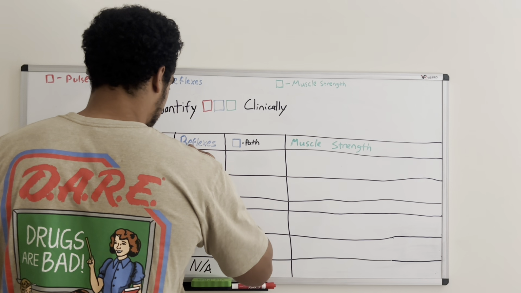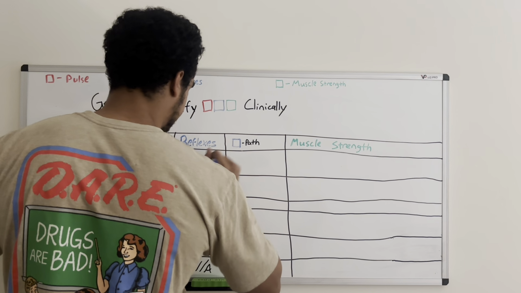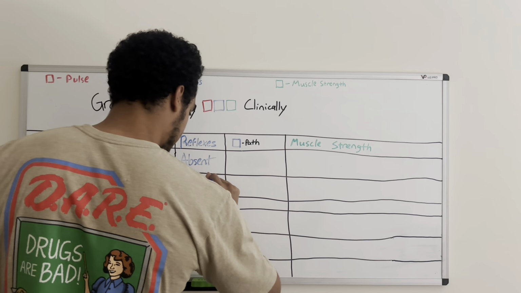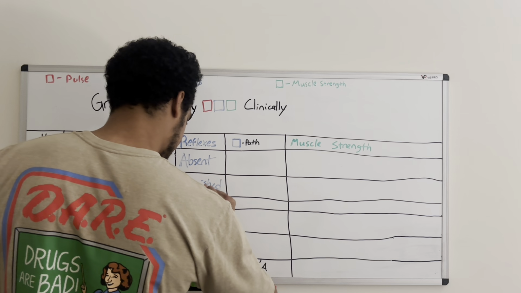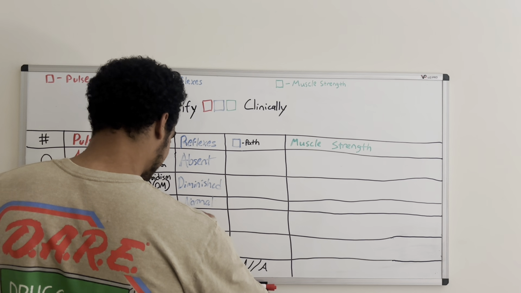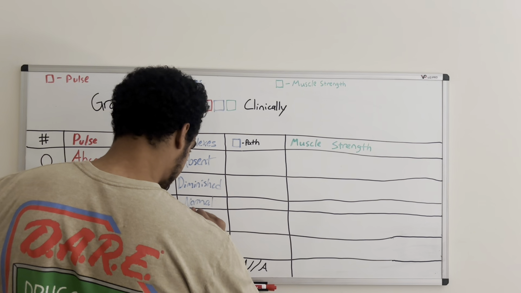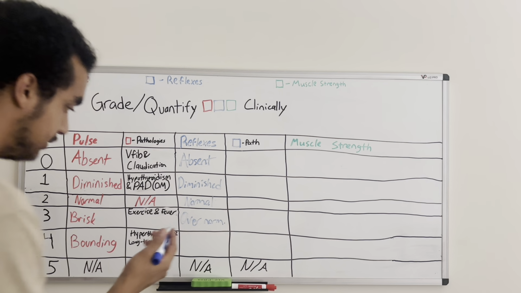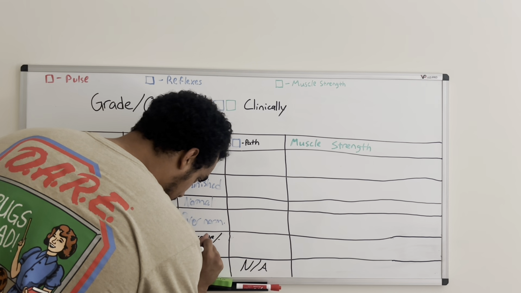So grade of 0 would be absent, grade of 1 would be diminished, grade of 2 would be normal, grade 3 would be over normal or more than normal, and 4, which is where they differ, it's going to be hyperactive / clonus.